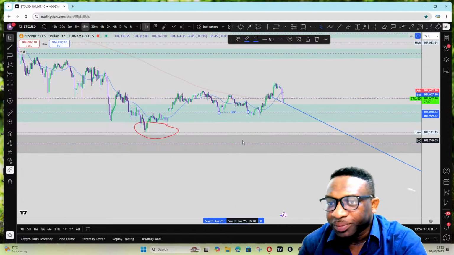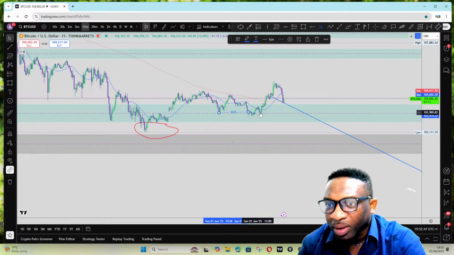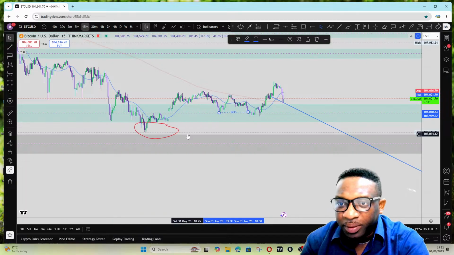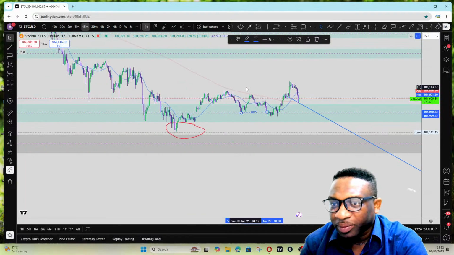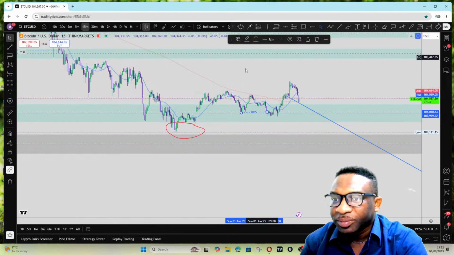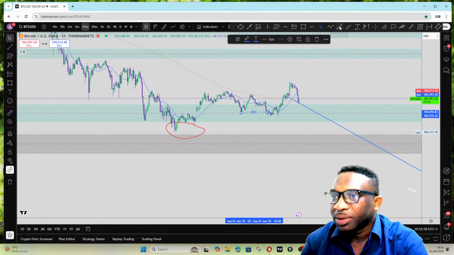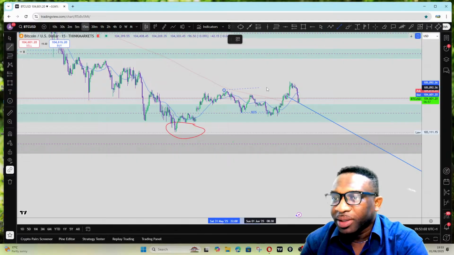Break of structure, we have that break of structure there. So price is currently trading higher, and then we also have another break of structure right here.